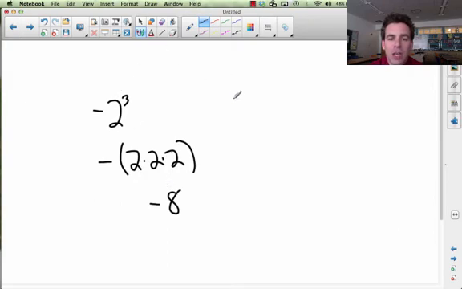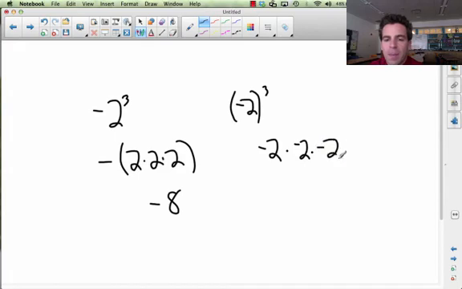Let me show you over here what this means. If this was written like that, it means -2 times negative 2 times negative 2. Okay. Negative times a negative is a positive. A positive now times a negative would be a negative. So let's do this.